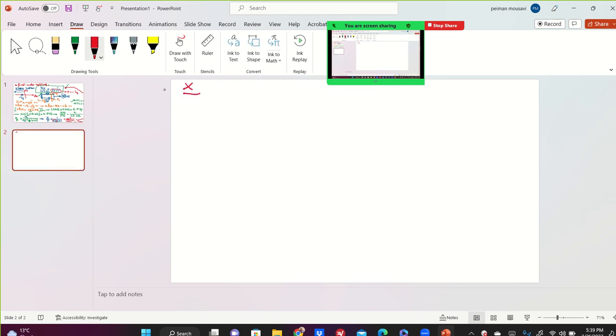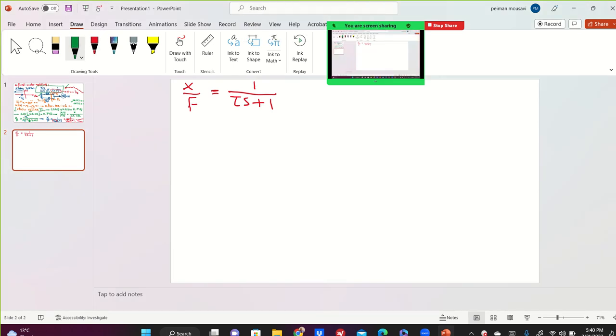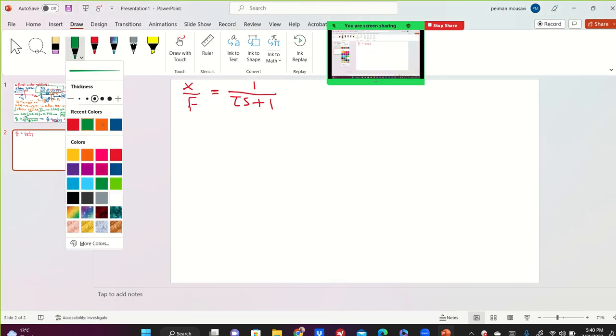Having output over input in the S domain is 1 over tau s plus 1, okay? Now our mission is to see how the system behaves by applying different inputs.